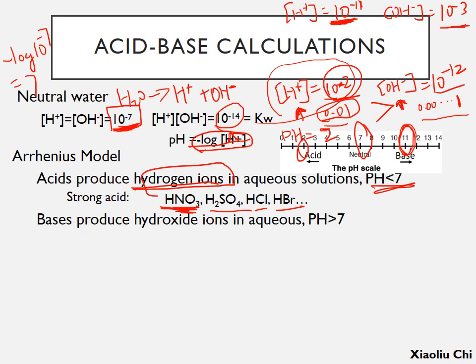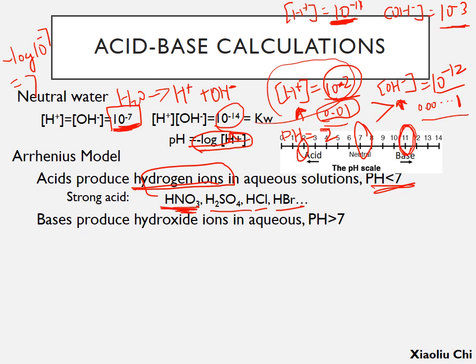Later it is very useful if you have some strong acids in mind. You will see that. So remember, nitric acid, HNO3, sulfuric acid, H2SO4, hydrogen chloride, hydrogen bromide, these are strong acids. So if you see something else, then they may not be strong acids, they will be weak acids.